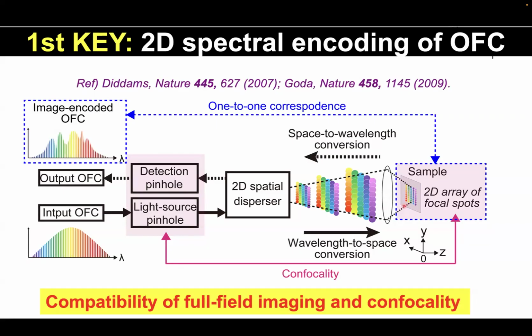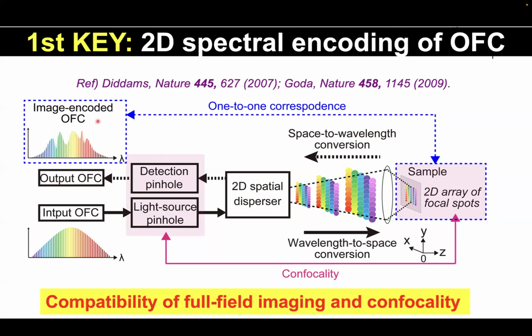Image information is encoded on each OFC mode. Reflected light from the sample inversely propagates through the same optics, and each OFC mode is spatially overlapped again. Finally, after passing through the detection pinhole, the image-encoded OFC is obtained.